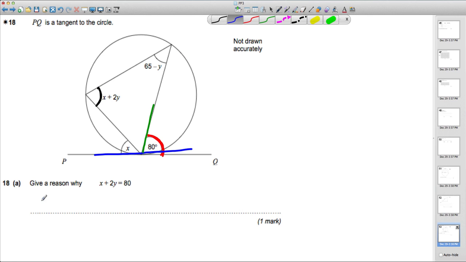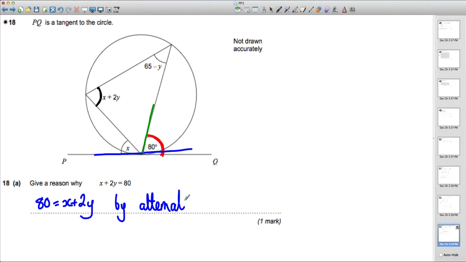So 80 must equal x plus 2y by the alternate segment theorem. They're looking for those words, the alternate segment theorem.